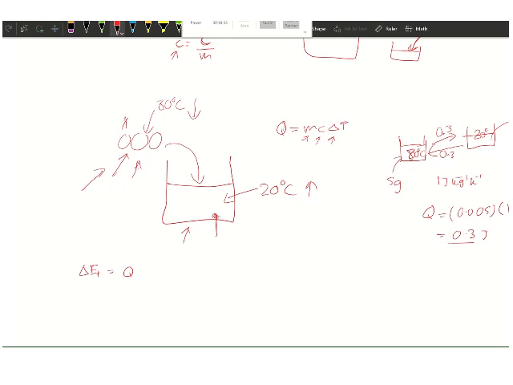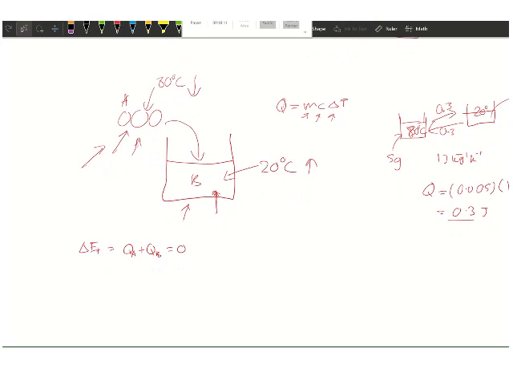So the E total here will be equivalent to Q. Let's say this one is A and this one is B. So QA plus QB will always have to be equal to zero, which means that whatever the situation is, the total energy for any object within this closed system, which means there's no energy leaking out of the system, that's why we call it a closed system, will always be the same.